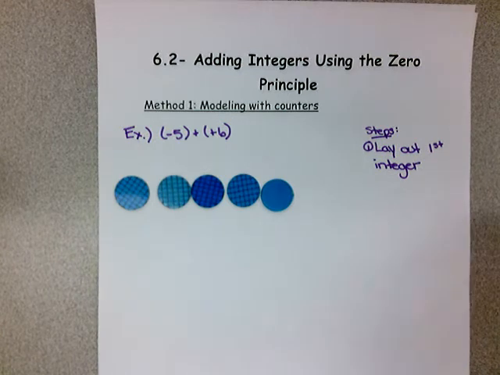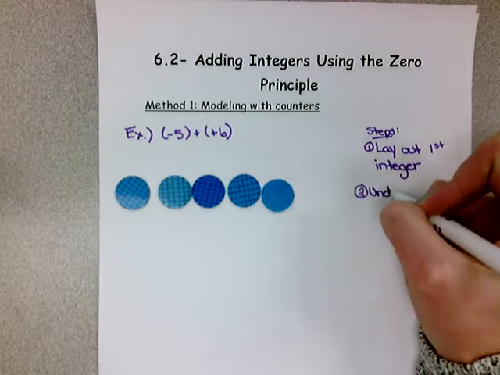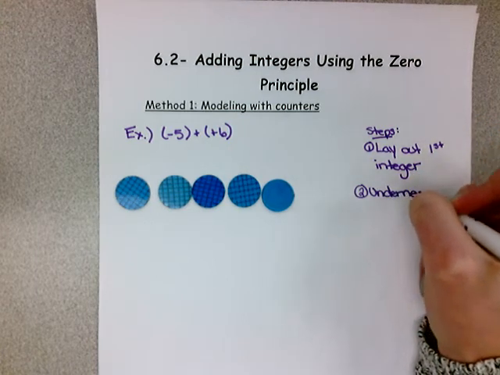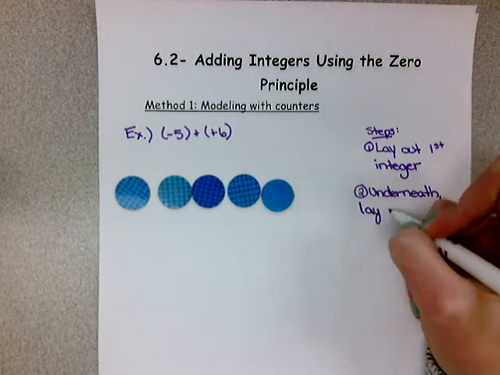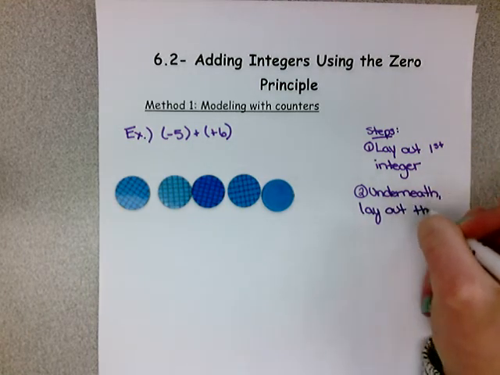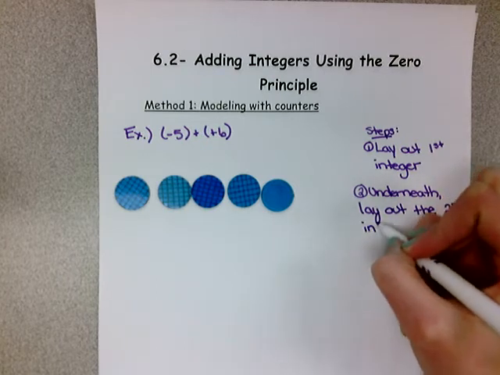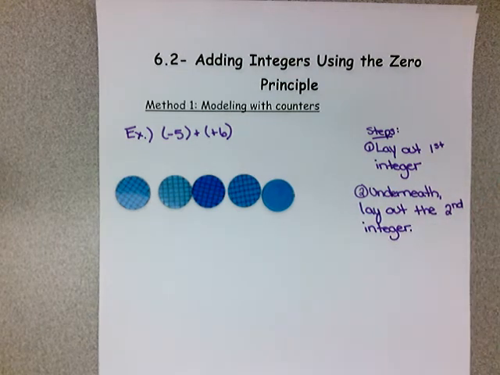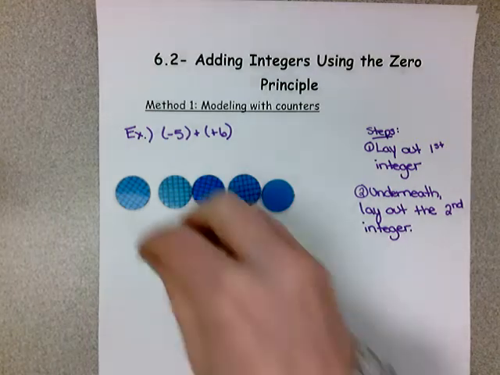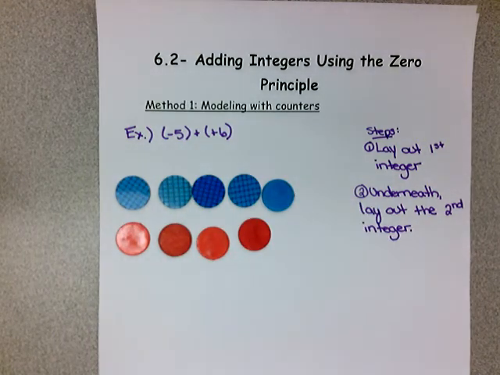Then you're going to lay out the second integer underneath the first one. Our second integer is +6, so you're going to get 6 red counters and lay them out underneath.